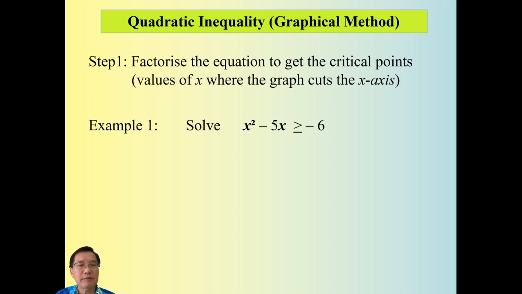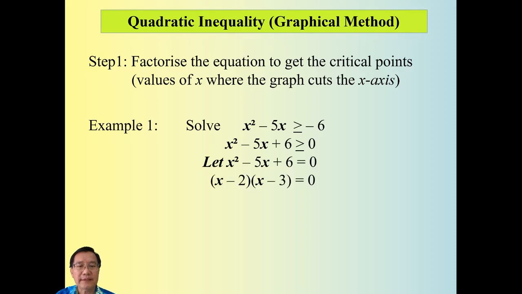For example, solve x squared minus 5x is greater than or equal to negative 6. By moving negative 6 over to the left hand side, it is in the general form. Let x squared minus 5x plus 6 equal 0. We factorize, and then x equals 2 or x equals 3 are the two critical numbers.